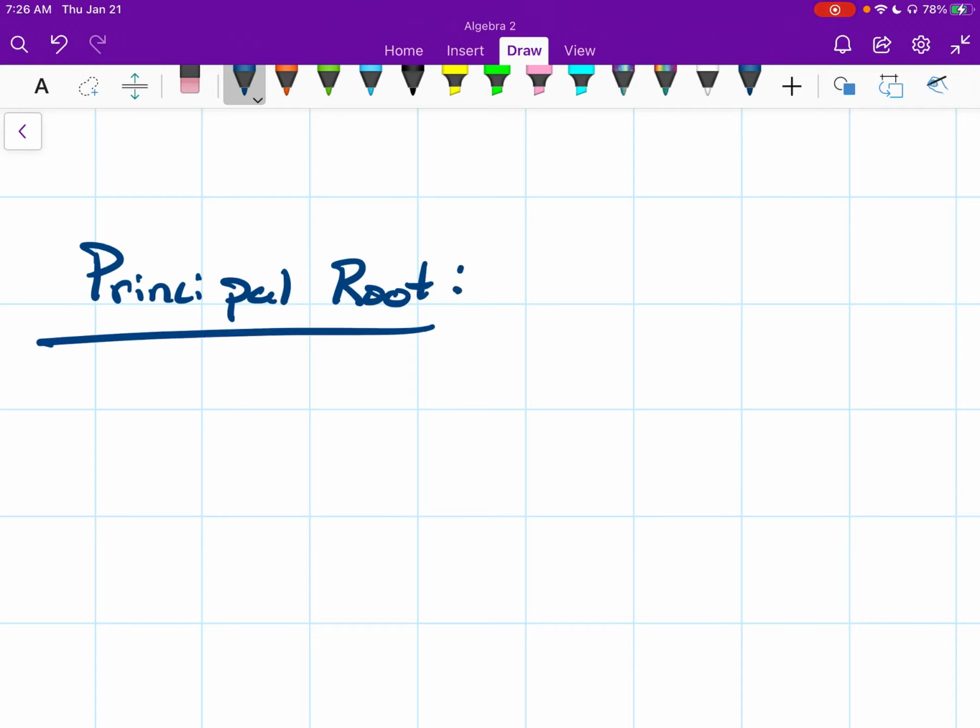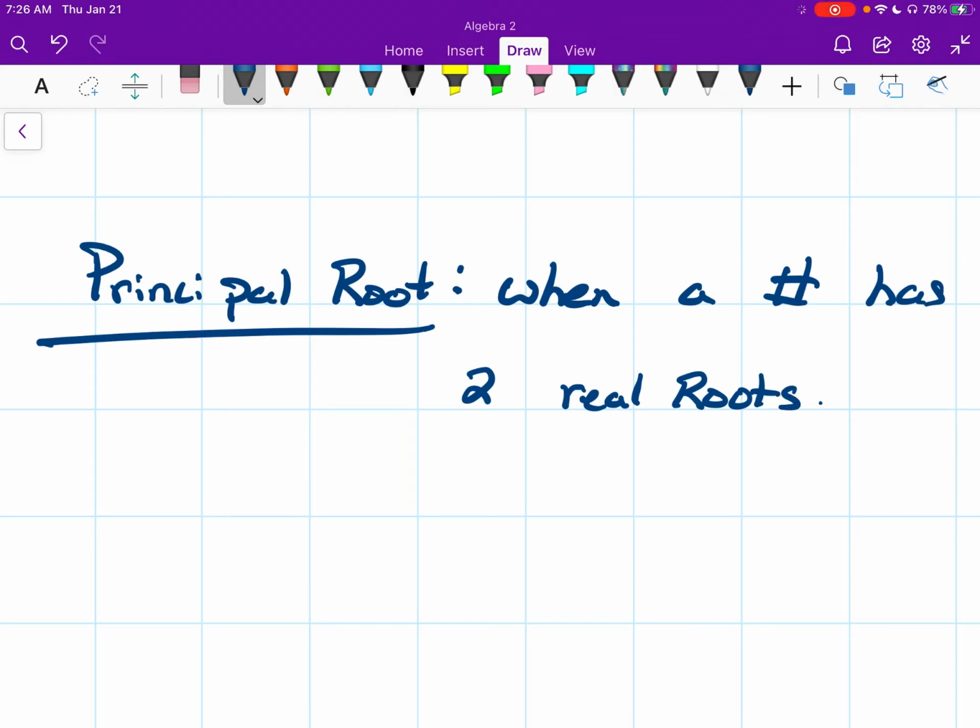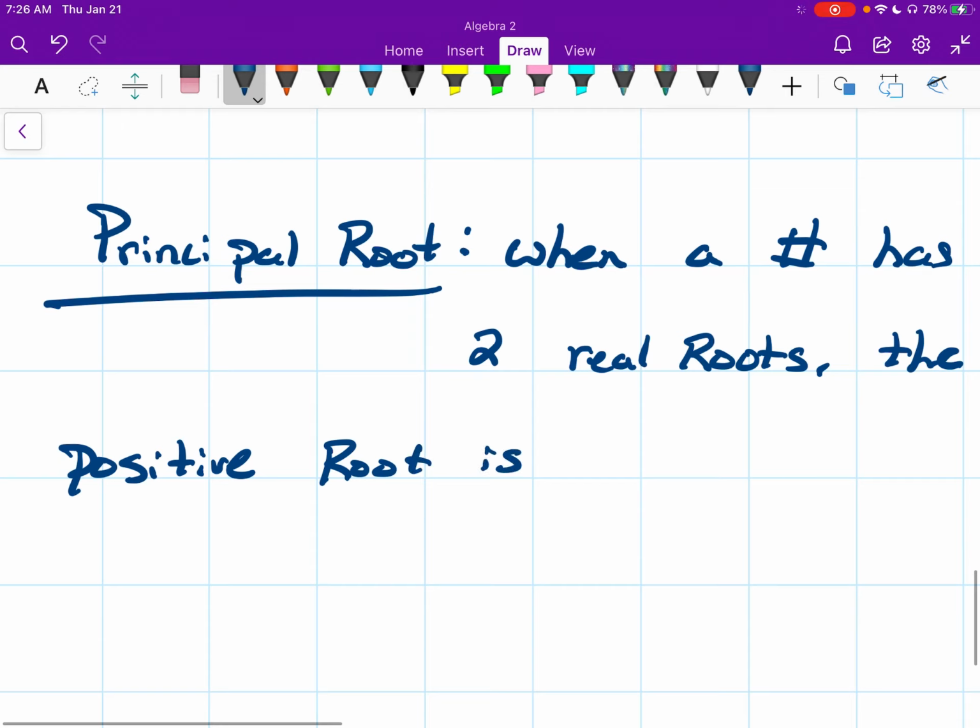When a number has two real roots, the positive root is the principal root.